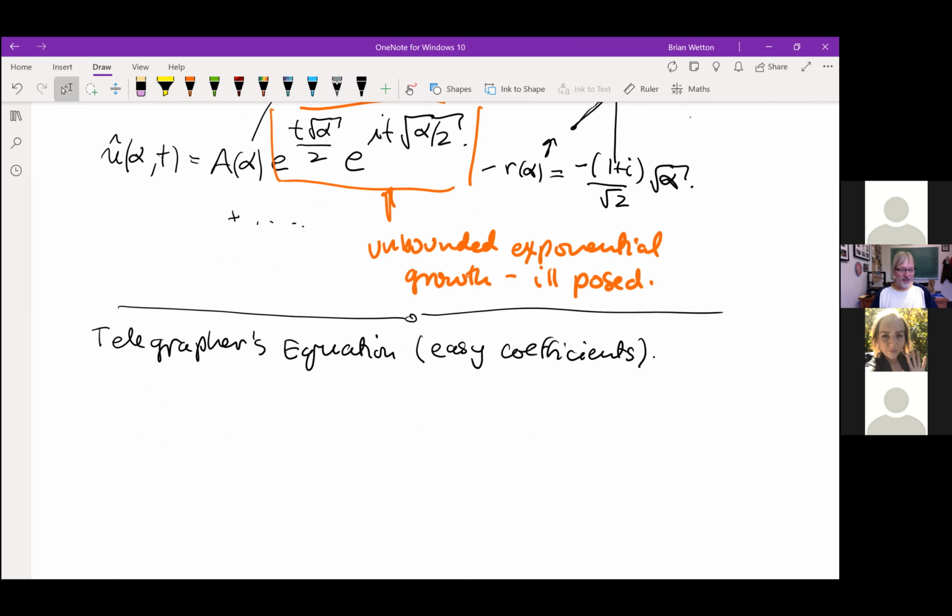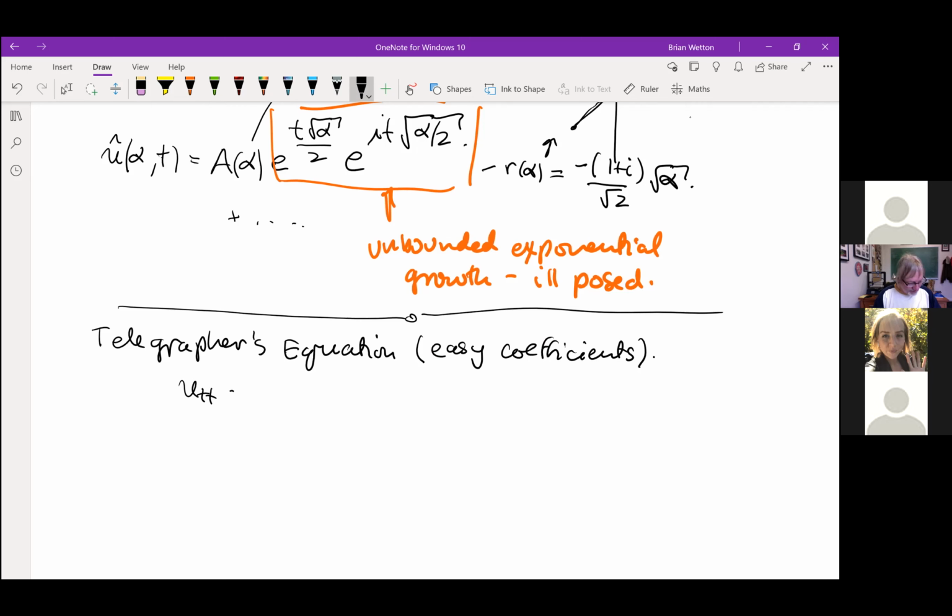Actually, I Googled the Telegrapher's equation, and there's some nice notes made by my retired colleague, Joel Feldman. You might want to have a look at that, about where this equation comes from. There's a discussion at the end where he has some of this type of analysis, where you can see how these easy coefficients, where I just picked an example, come from a tuning of physical parameters.